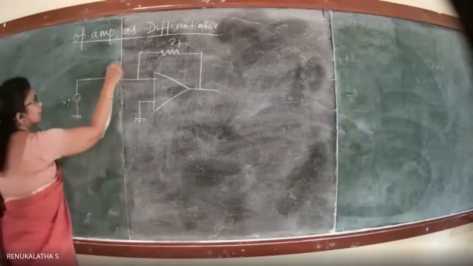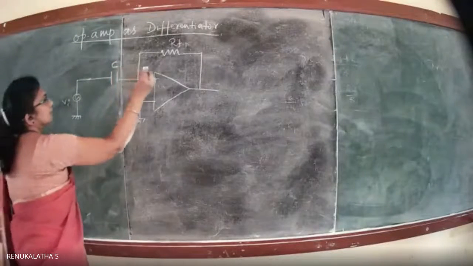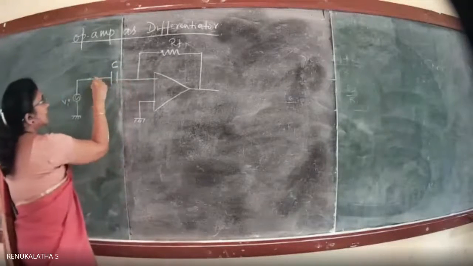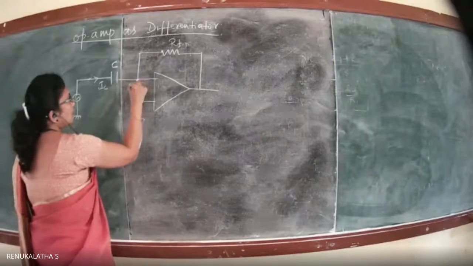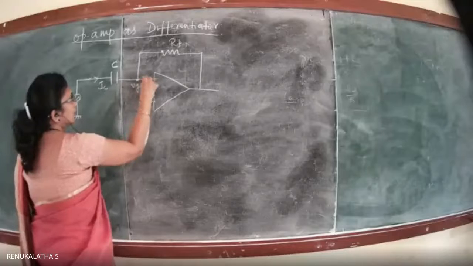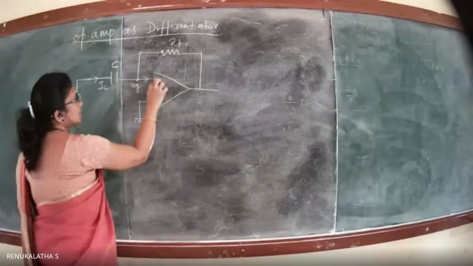Vi, let us say the AC source, and this is the point VG and the current flowing to the actual terminal.